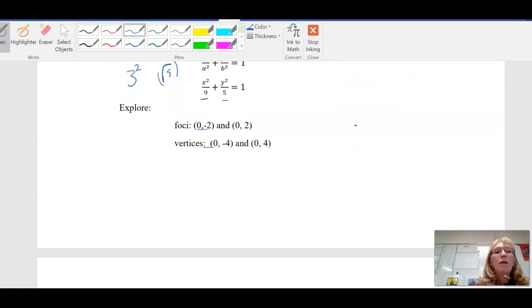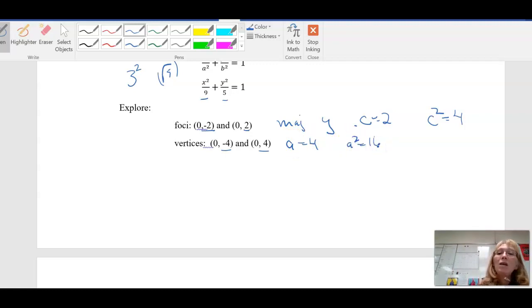All right, now when you look at yours, your foci are on the y, which means your major axis is y, okay? And c equals 2, so c squared equals 4. Here, they gave you the major vertices because it's the y value. So this means your a is going to equal 4, so your a squared is going to equal 16.